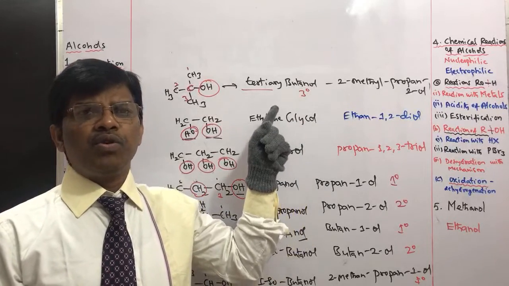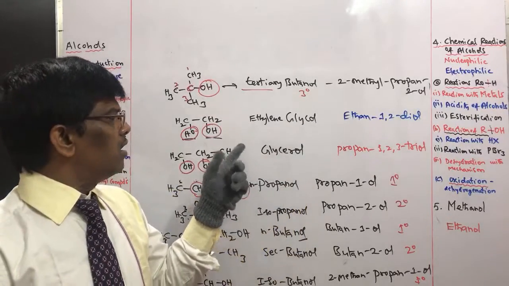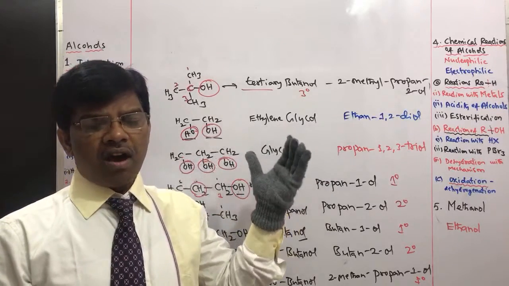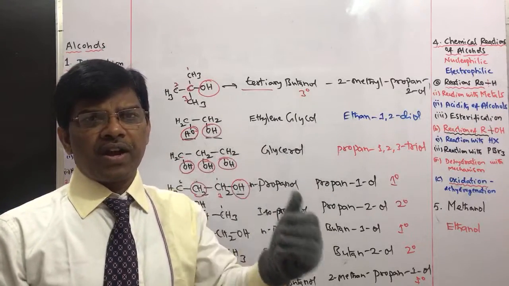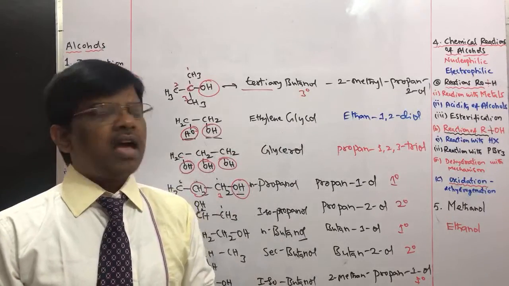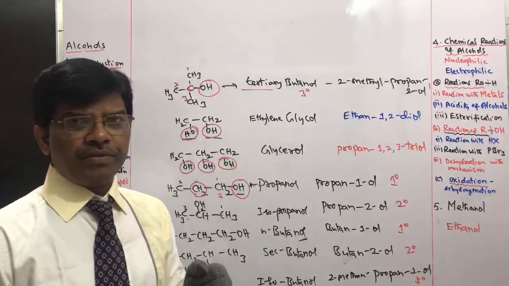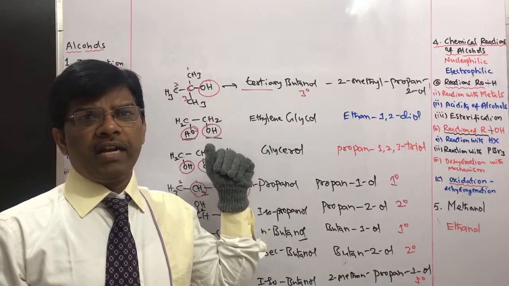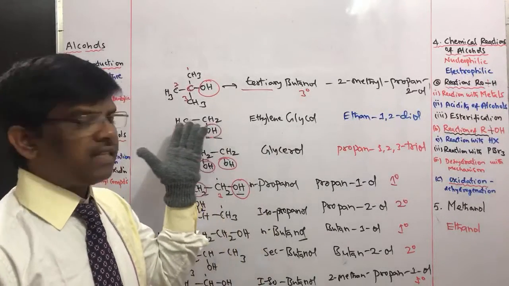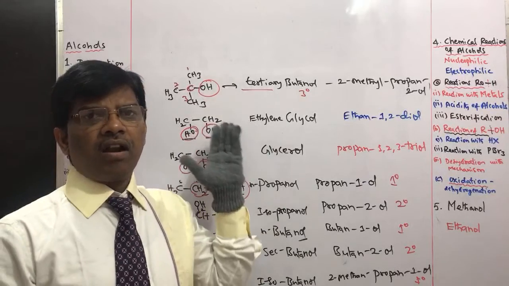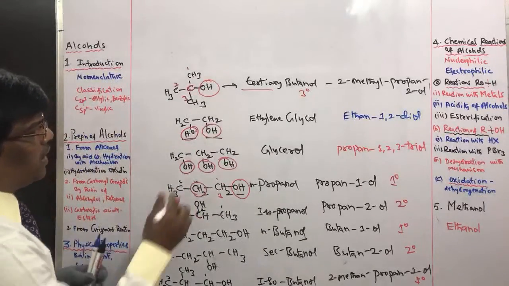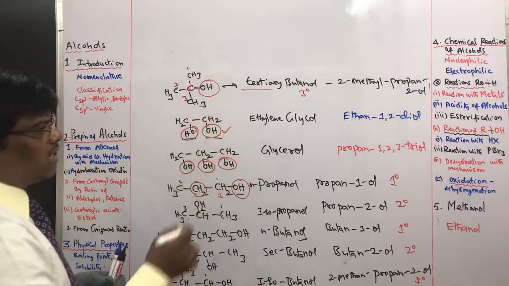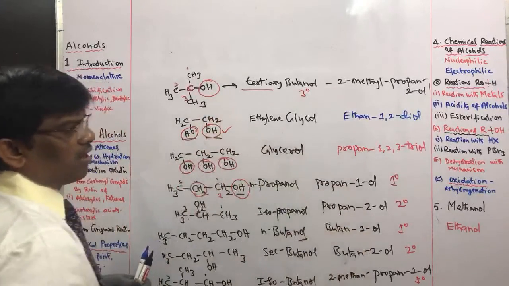Most of the compounds are utilized as carbohydrates, starch, sugars, glucose, fructose. All these sugars are polyhydroxy compounds. At the same time, paper is made of carbohydrate material or starch, and it also has these alcohols, right? So sp3 carbons containing hydroxy groups are known as primary, secondary, tertiary alcohols.